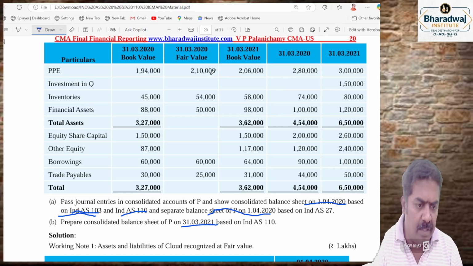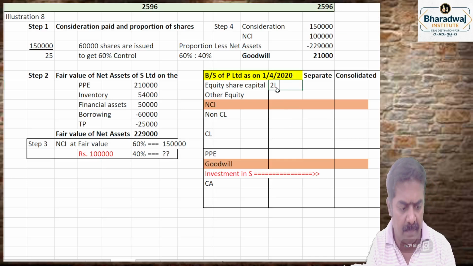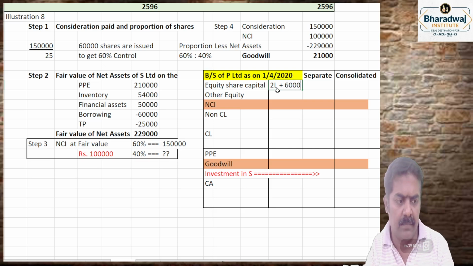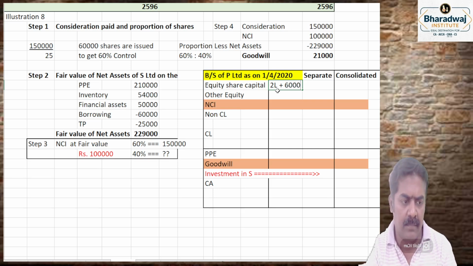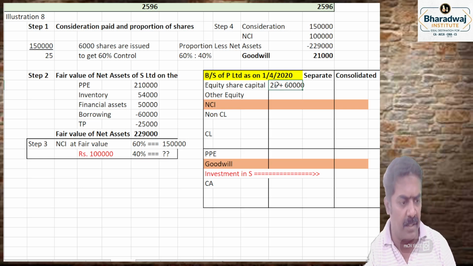At the beginning of the year, what will be the share capital? 2 lakh plus the face value of shares issued: 6,000 shares into 10, 60,000 more.